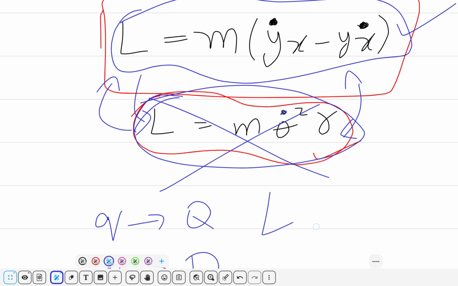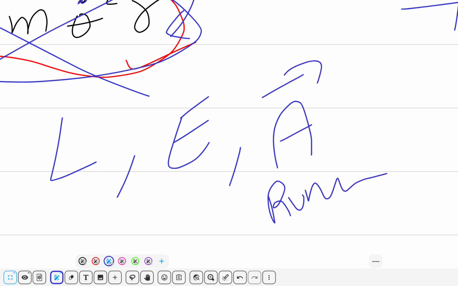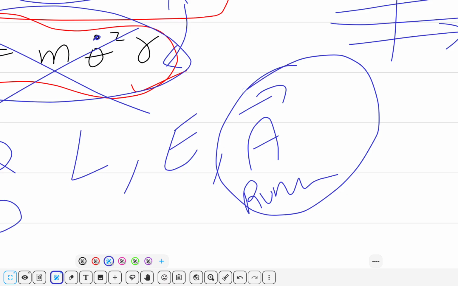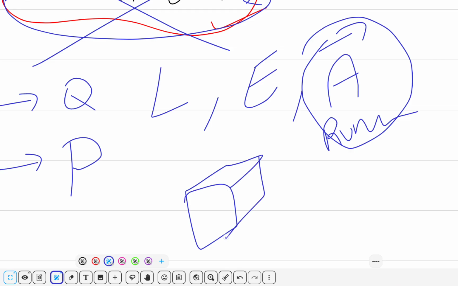But there are other things similar to L. Like there is energy, then there is some kind of vector, the Runge-Lenz vector, we said. All these things are also conserved. But you may never be able to tell that it is conserved in one system, because it is very hard to see.